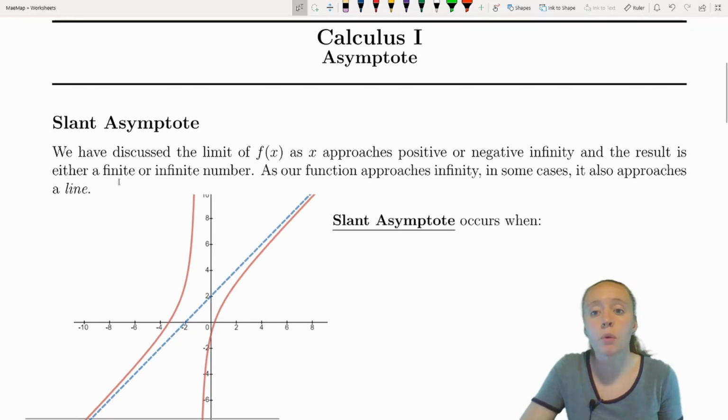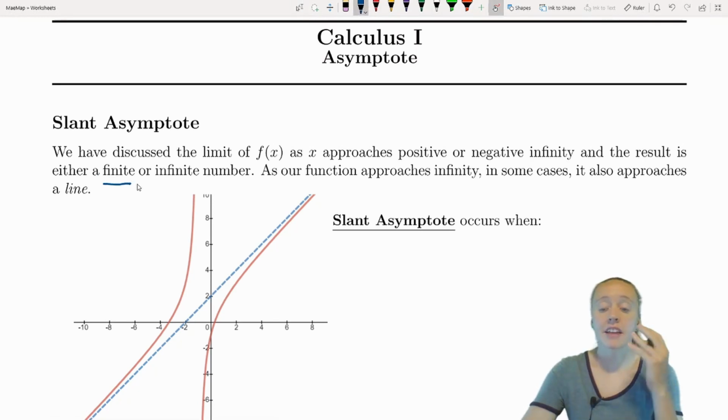When that result was a finite number, then we knew we had a horizontal asymptote. That's a line where the slope is 0. However, even if that limit as x approaches positive or negative infinity is infinite, we could still have an asymptote, and that does occur in some cases.